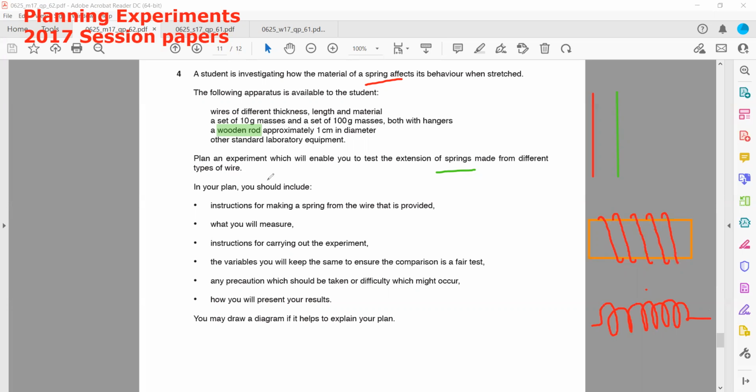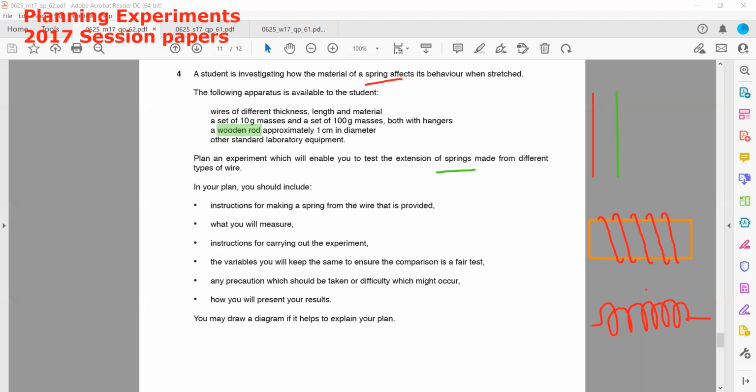So in your plan, you should include instruction for making a spring from the wire that is provided. So how we can convert the wire into a spring? The first thing, we'll take a wooden rod as they mentioned, and we will wind the wire around the rod.